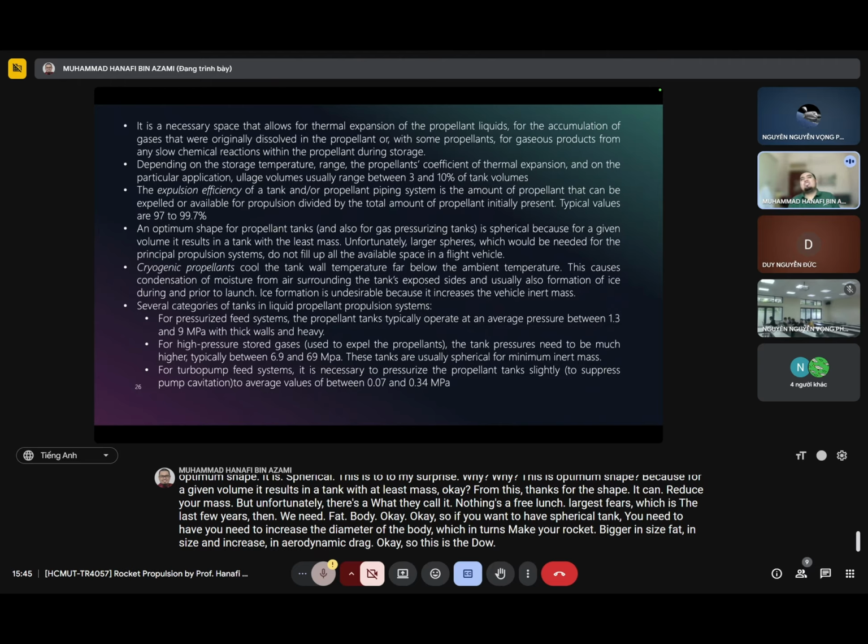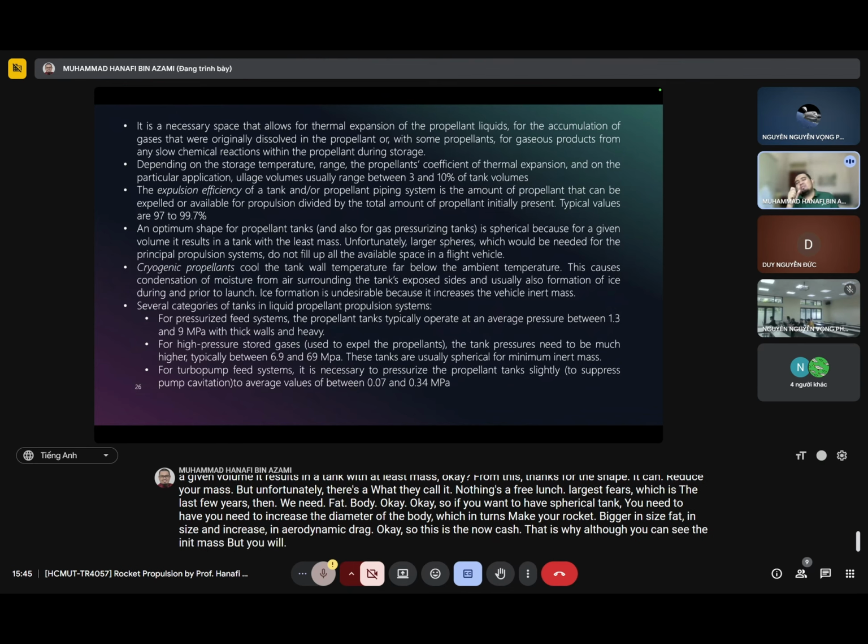So this is the downside. That is why, although you can save inert mass, it will result in increased aerodynamic drag.